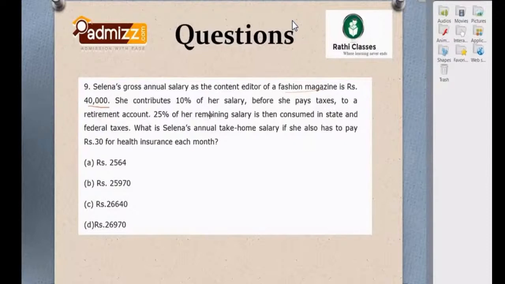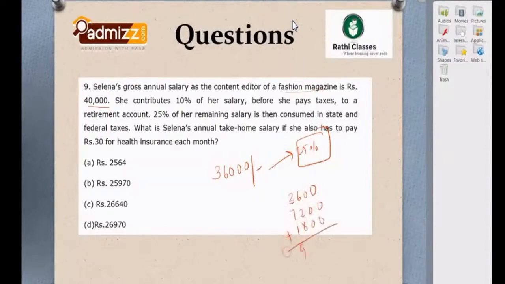In 36,000, 25% is being consumed as taxes. 10% would be 3,600, so 20% would be 7,200, and you need to add 1,800 for 5% more. So that means 9,000 is the taxes she is paying. If you subtract 9,000 from 36,000, you will be left with 27,000.